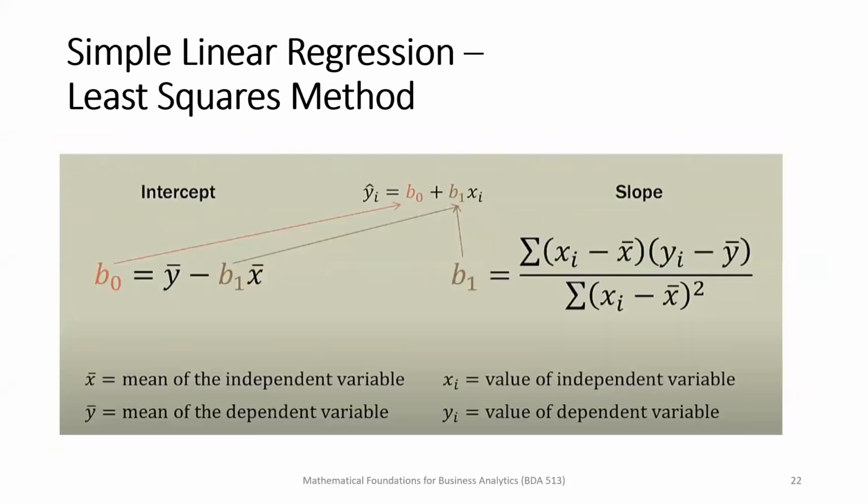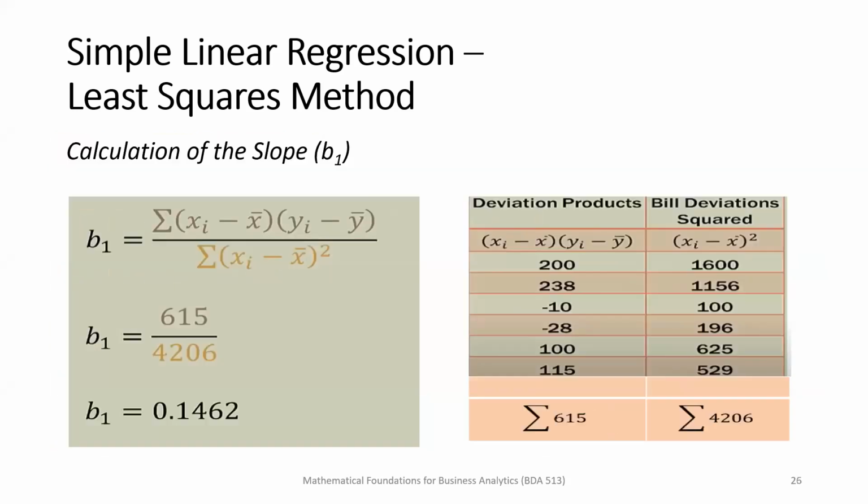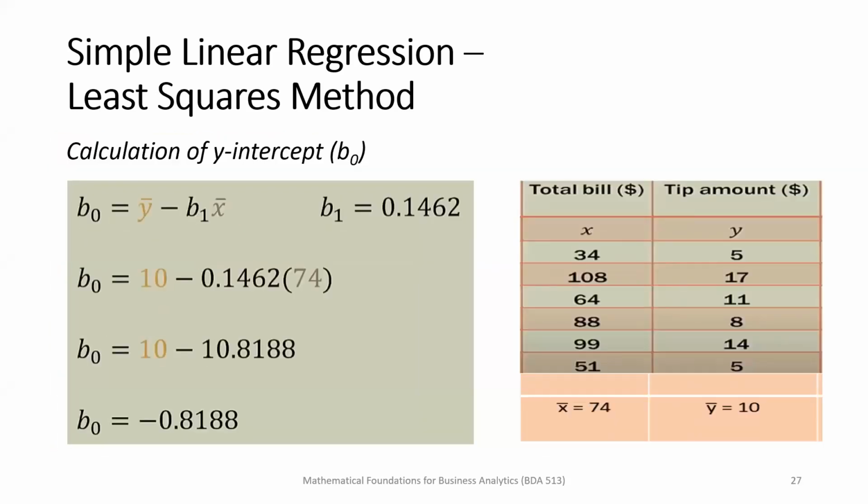Since we've calculated B1, which is 0.1462, we can plug it in here, the second line. Now we know that Y bar is 10, which we calculated earlier on. So it's 10 minus 0.1462.